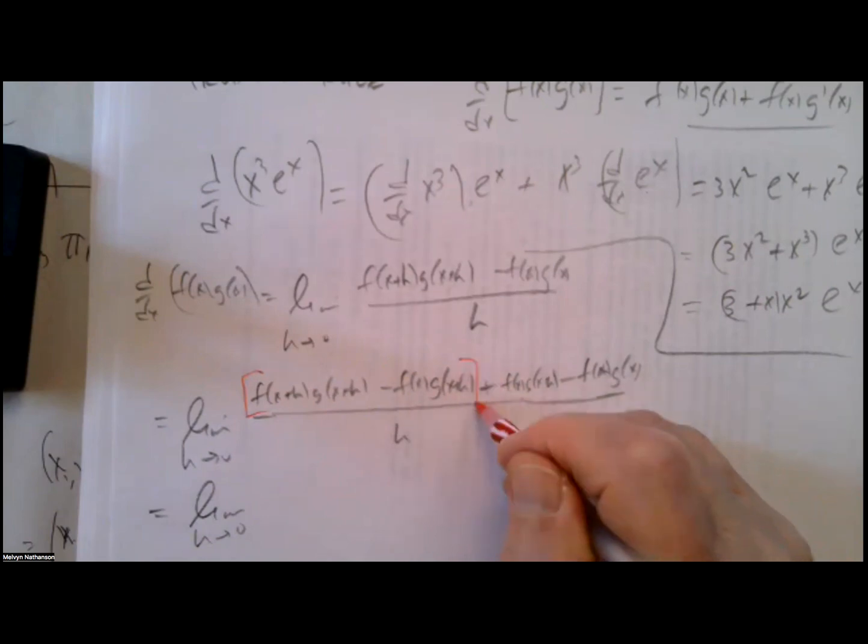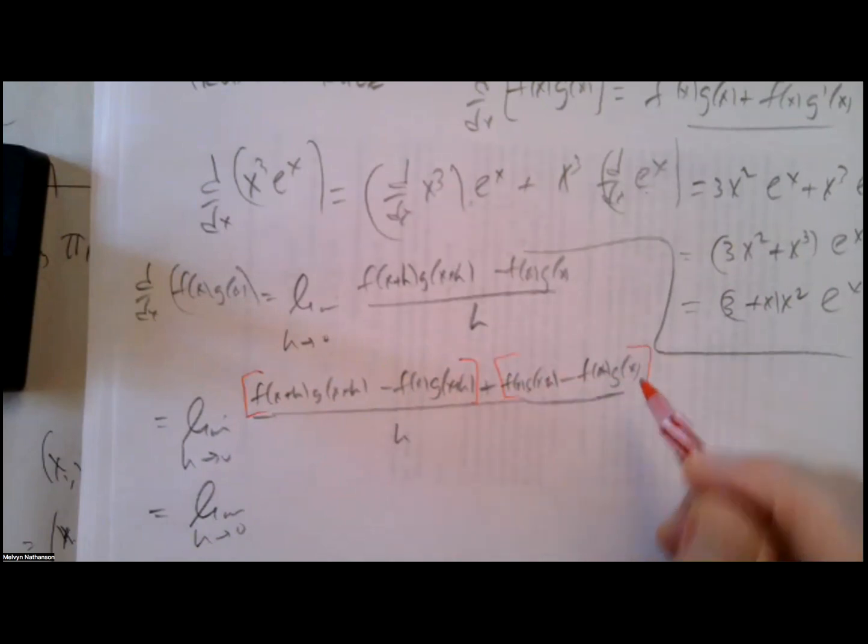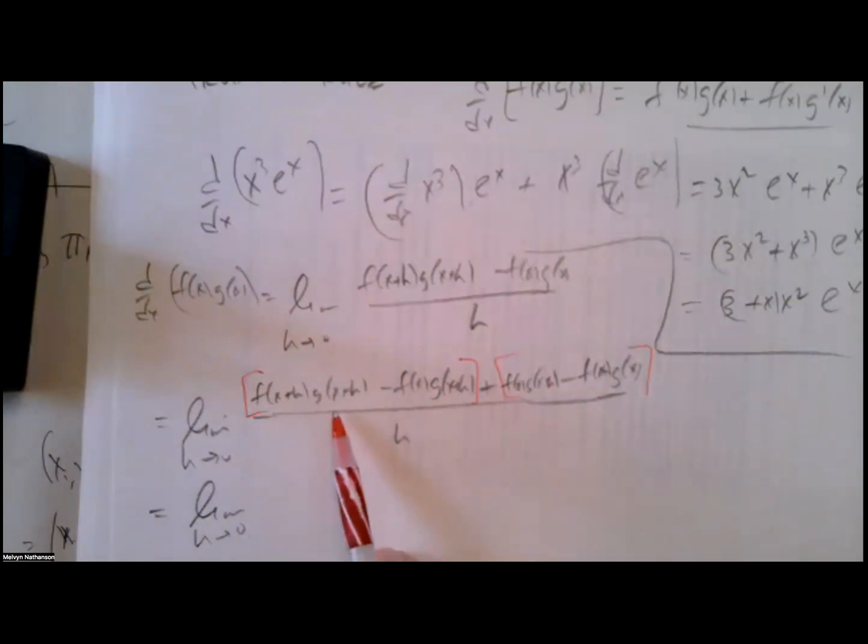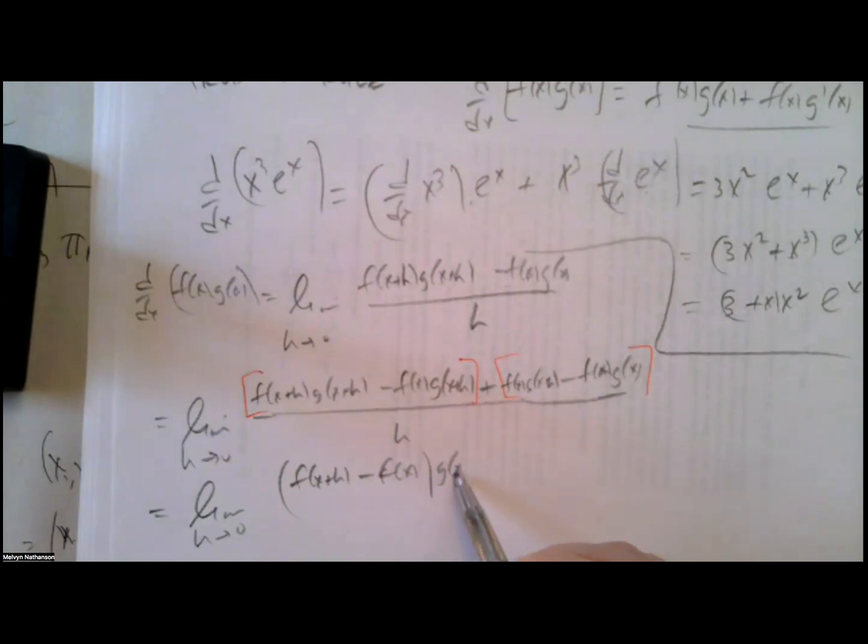What is this? This is the limit as h goes to 0. I have these two factors. I have these two, and this. From this, I can factor out g of x plus h. This is f of x plus h minus f of x times g of x plus h over h.